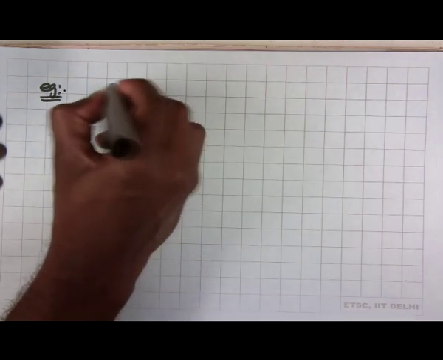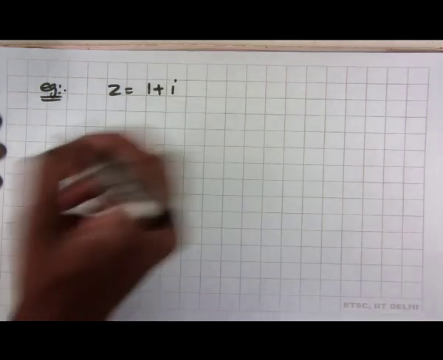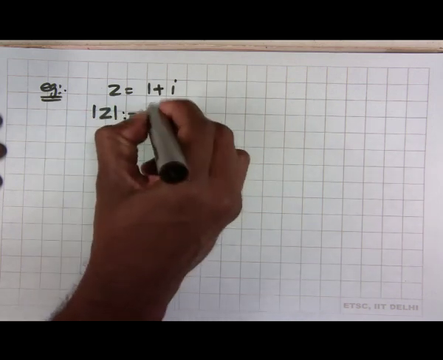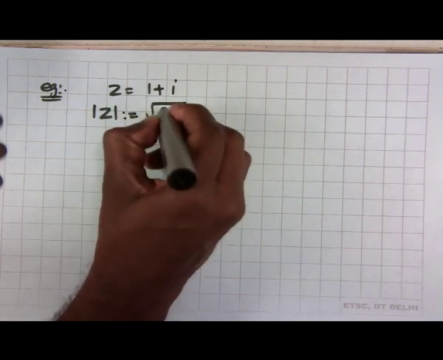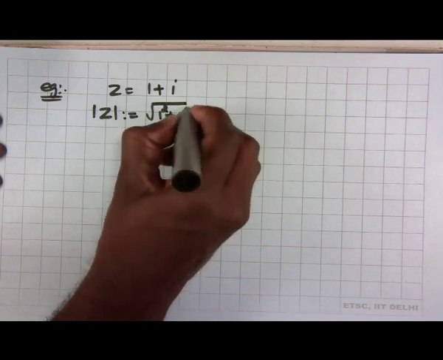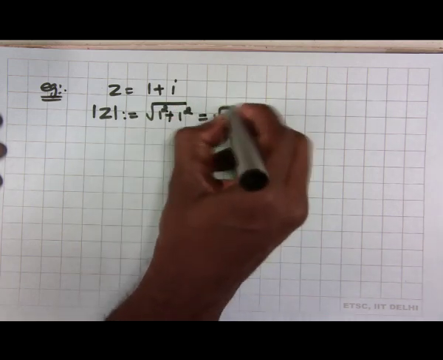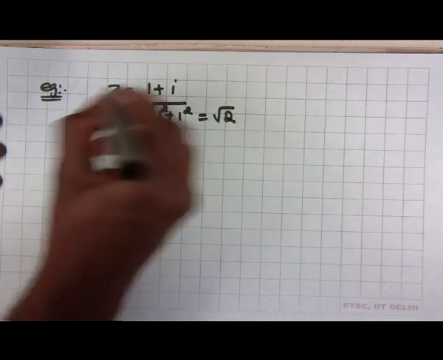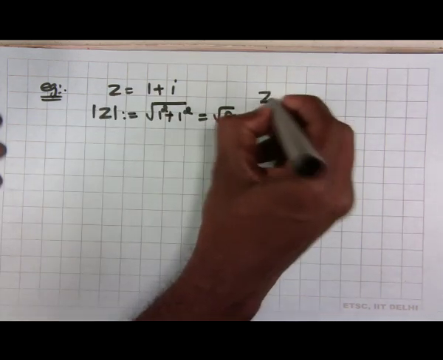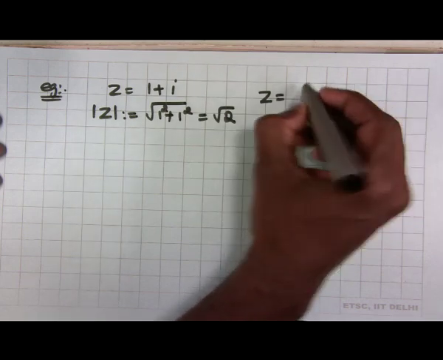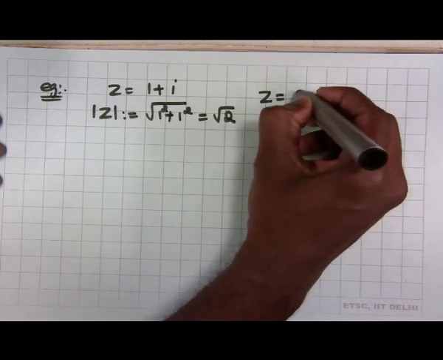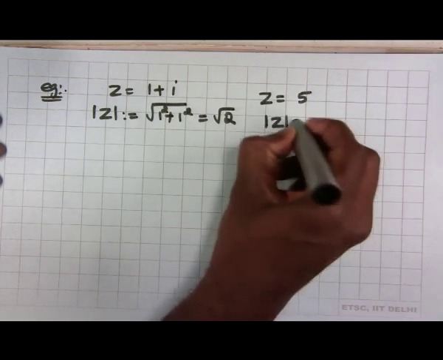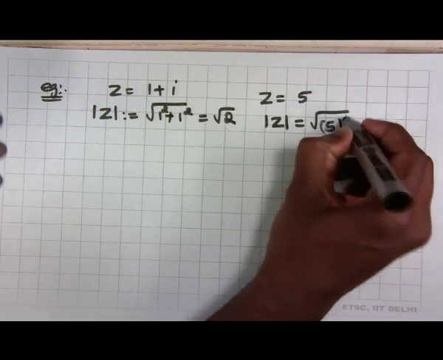So, let us see simple examples. Suppose z is 1 plus i, then mod z by definition is square root of 1 square plus 1 square. So, you get root 2. And if suppose z is just a real number, let us say 5, then mod z is square root of 5 square.